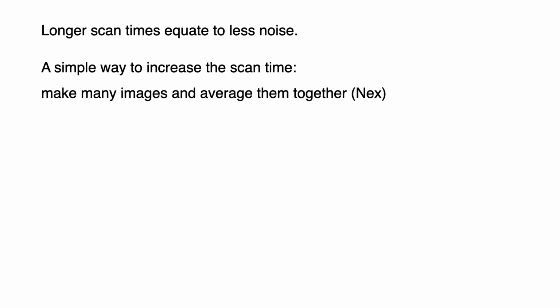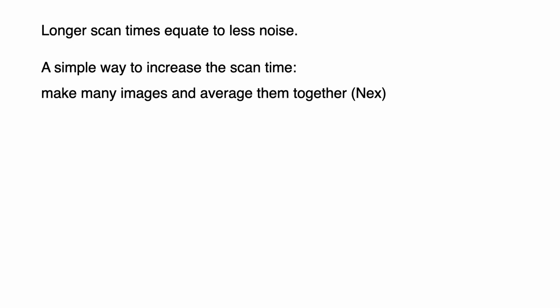Finally, longer scan times equate to less noise. A simple way to increase the scan time is just to make many images and average them together. This is often included as a parameter on the MRI machine called NEX, which stands for number of excitations. While this can reduce noise, it also increases the length of the scan, so the number of patients that can be seen by any scanner gets reduced if you use this technique often.